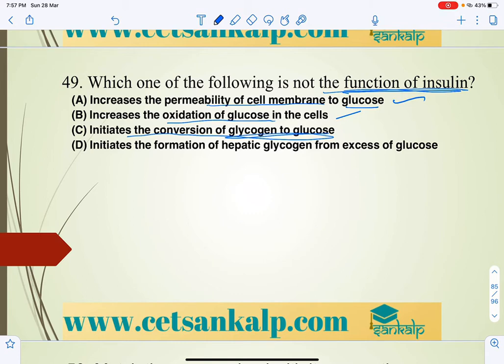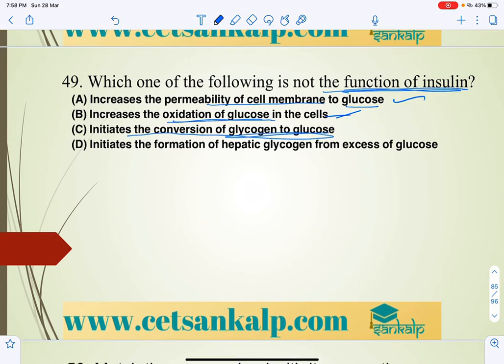Generally insulin plays a major role in increasing the permeability and utilization of glucose.